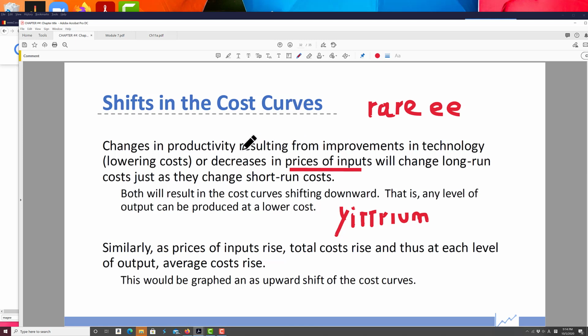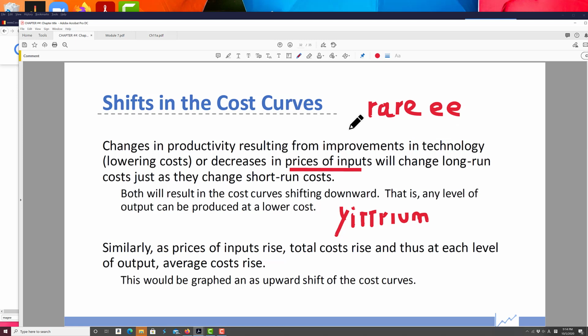Sometimes, well, you have to import foreign inputs from other countries. Sometimes they raise the price, and that's going to shift the long-run average cost curve upward. So this happens with the rare earth elements or minerals.